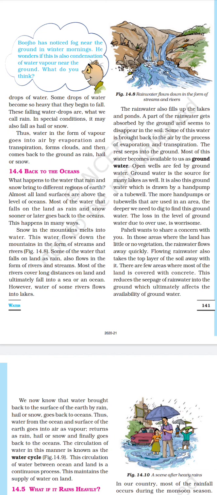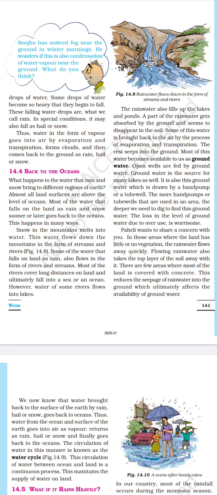Some of this water is brought back to the air by the process of evaporation and transpiration. So a little bit of water will again come to the atmosphere by evaporation from the upper surface of open water bodies like lakes, rivers, oceans, and by the transpiration of the plants.